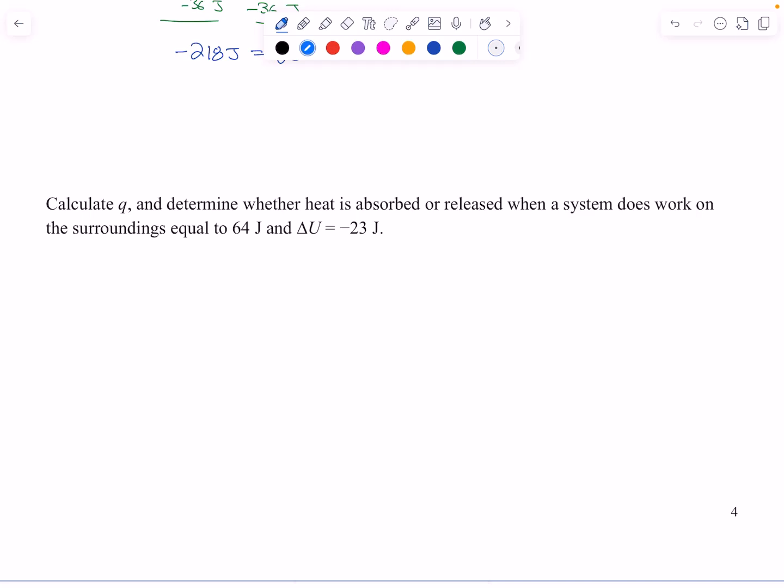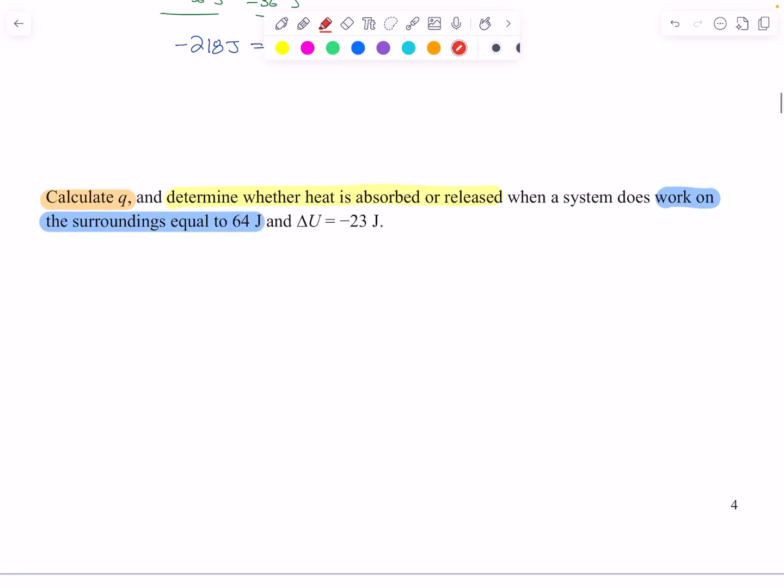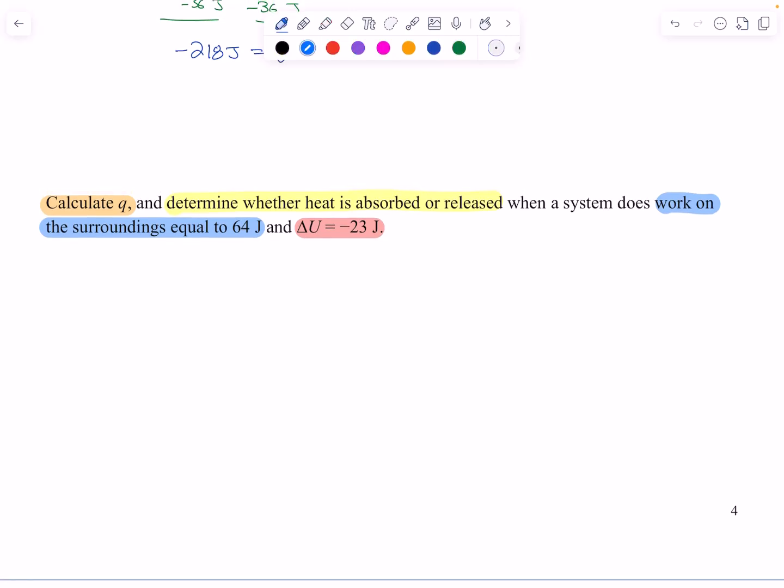All right, we've got to calculate Q. So we're going to calculate Q here and determine whether heat is absorbed or released when a system does work on the surroundings of 64 joules and the change in internal energy is negative 23. All right, so let's dive in.